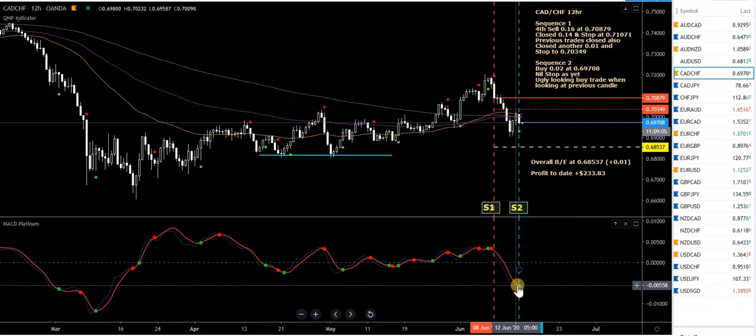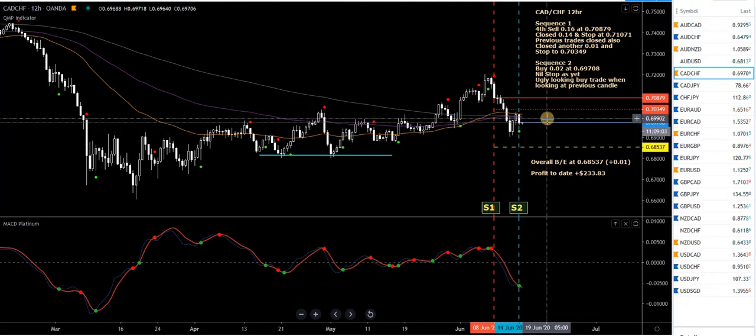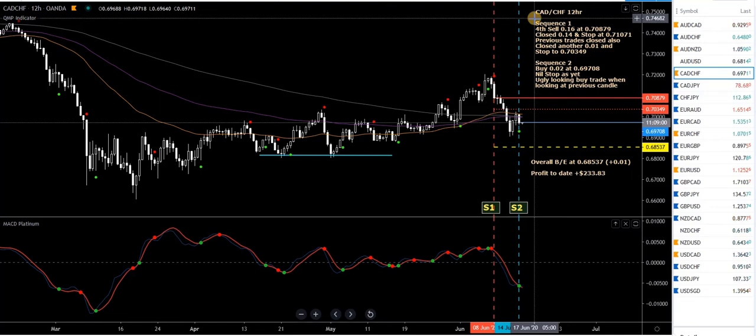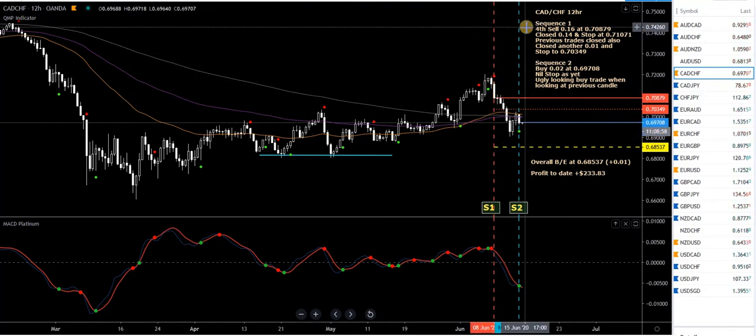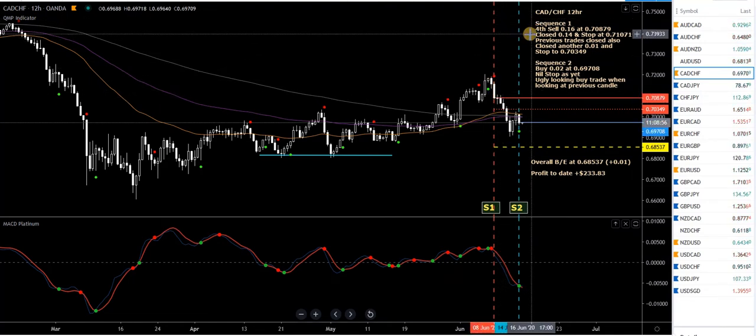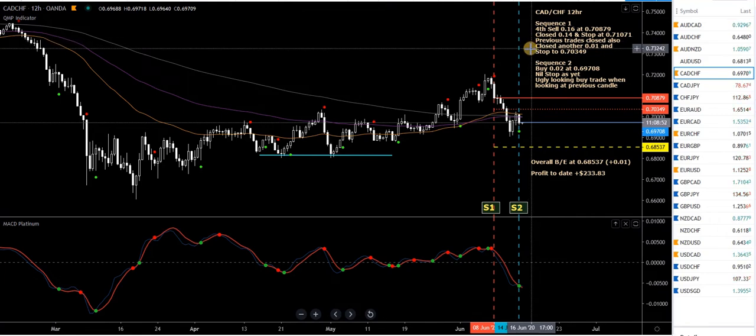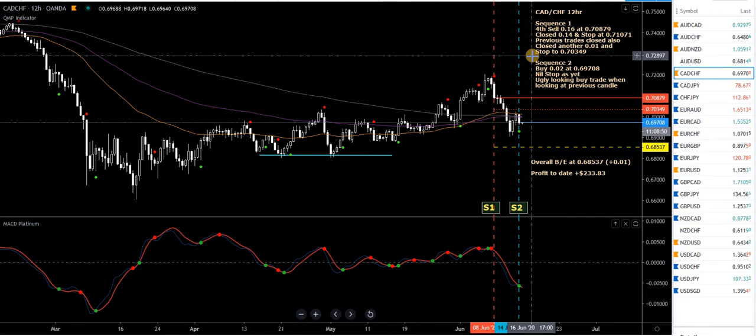The MACD Platinum's below the zero level. And the thing that makes me like it a little bit better is I'm in a sell already. On the sell, I closed another 0.01 and moved my stop down. The spreadsheet is showing that it's closed my entire trade, but it hasn't. I've still got 0.01 on the sell side.